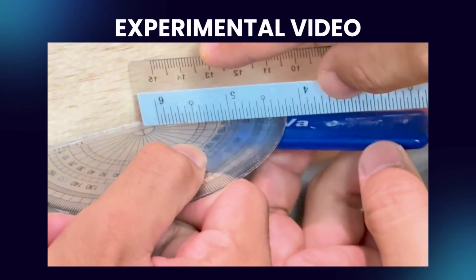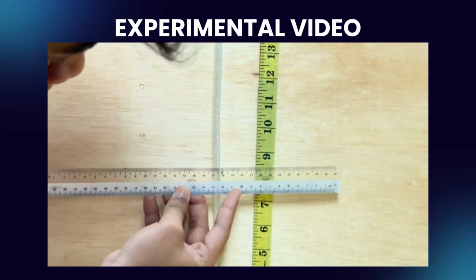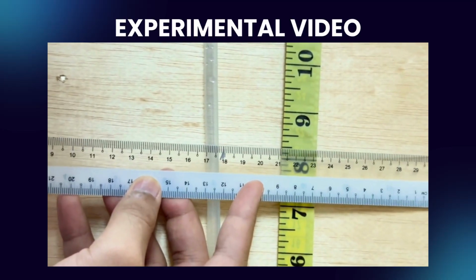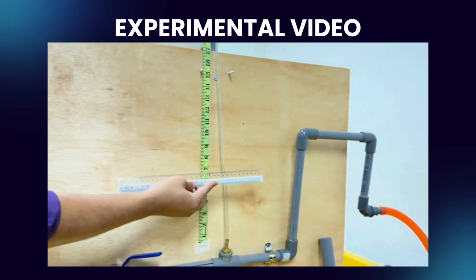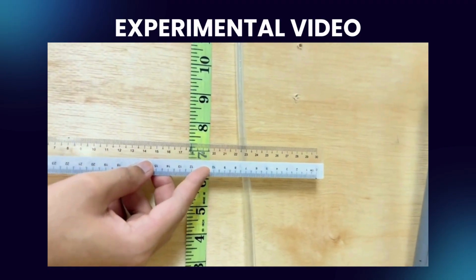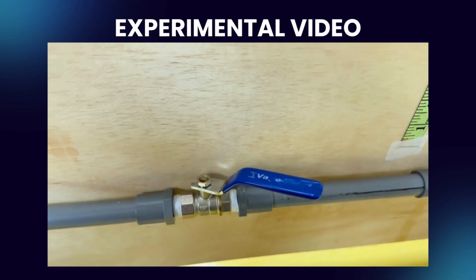Now we move to the 20-degree angle. For the inlet reading, we got almost 8.2, and for the outlet pressure, we got about 7.1 to 7.2 for the 20-degree angle.